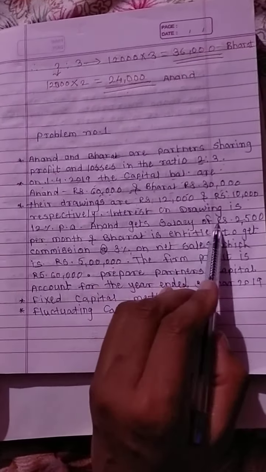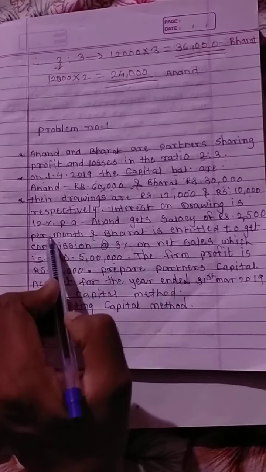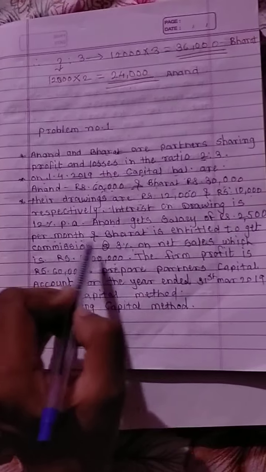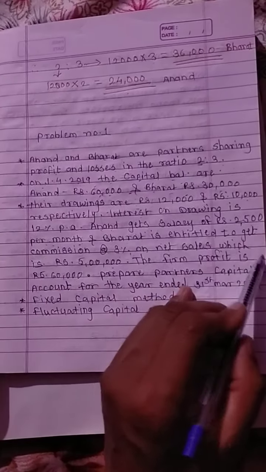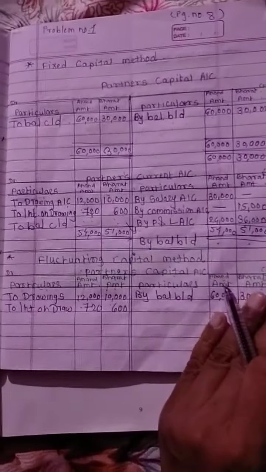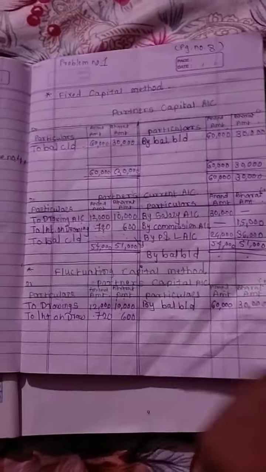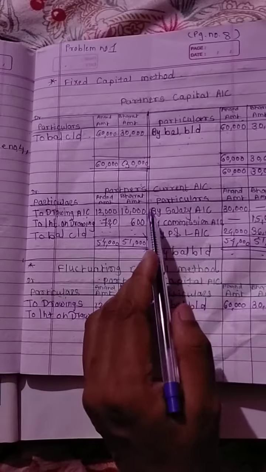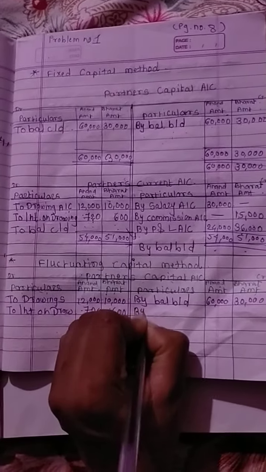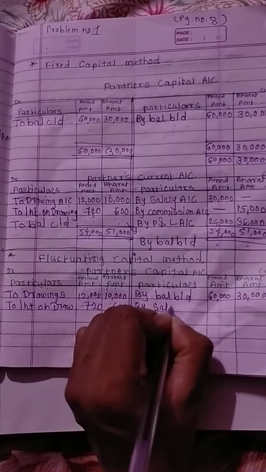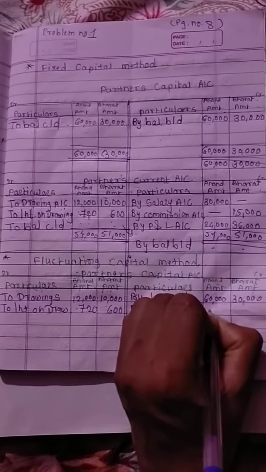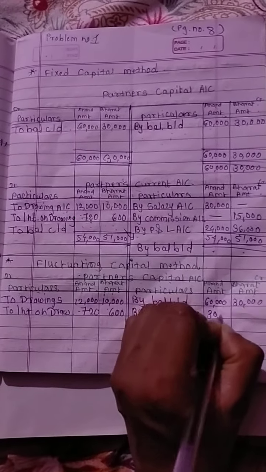Next, Anand gets a salary of rupees 2,500 per month, and Bharat is entitled to get commission at 3% on net sales, which is rupees 5 lakh. This thing we also did here in the working note. So what is Anand getting? Salary. By salary account, how much is Anand getting? 30,000.